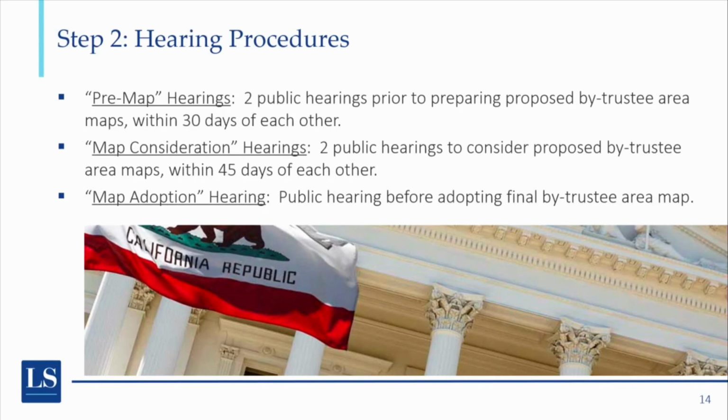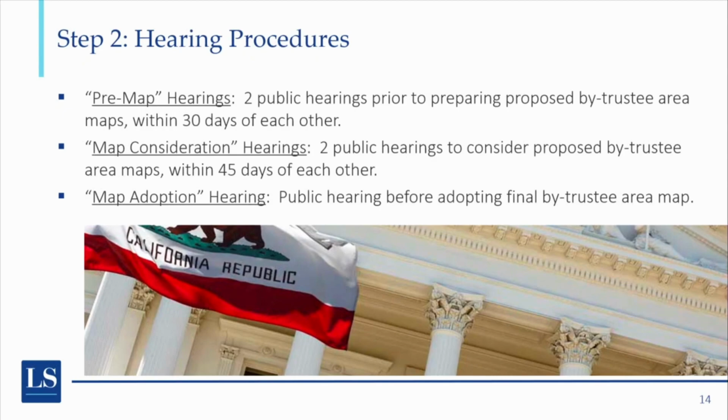So when those maps are presented to you, we'll also work with staff and the demographer to put together some sample sequences of election. And you'll get more data about this because there's many things that go into that, right? This is the first presentation. And then you'll adopt the map, you'll adopt a sequencing schedule, and then all this will be presented to the County Committee on Reorganization, who ultimately has to approve that, right?